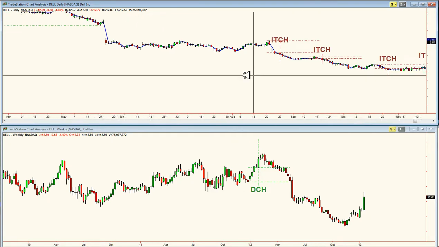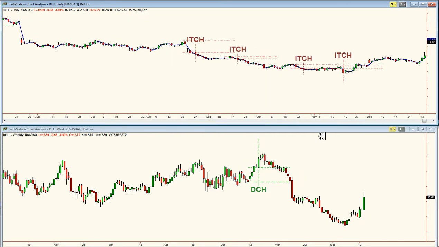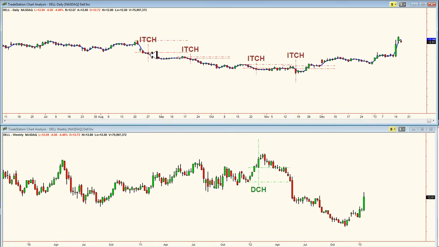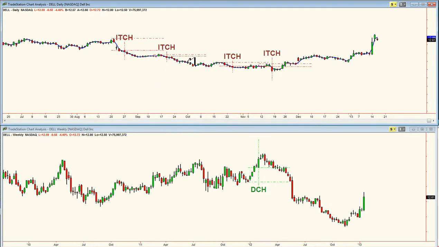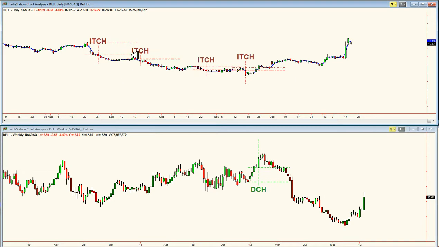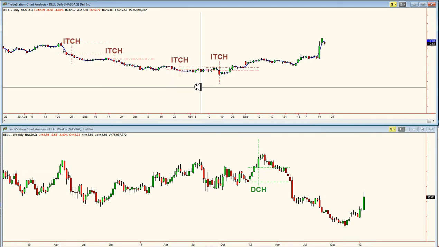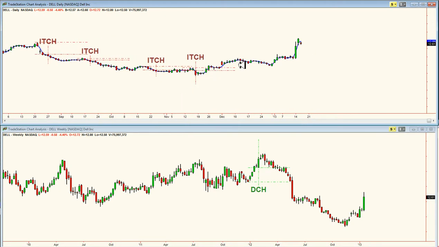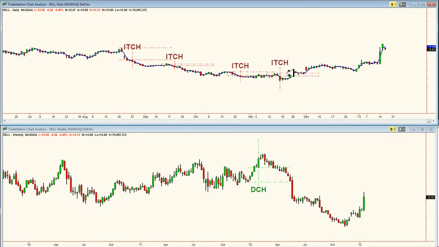Then there were several occasions in the downtrend where a nice itch fired that corresponded with the downtrend on the weekly chart. And we got these itches. This one worked well, this one worked well, this one worked well, and then this one failed. They do not always work. Again, that's why we have loss lines for our signals. How about another one? How about MON?